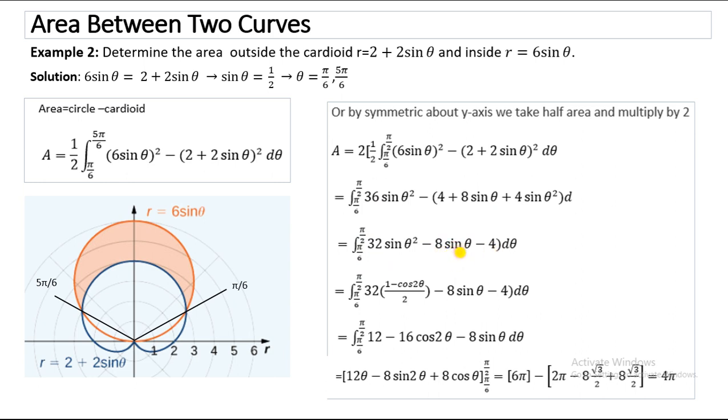The integration of this is easy and this is easy, but this one I remove by this law: sine square theta equals 1 minus cosine 2 theta over 2.